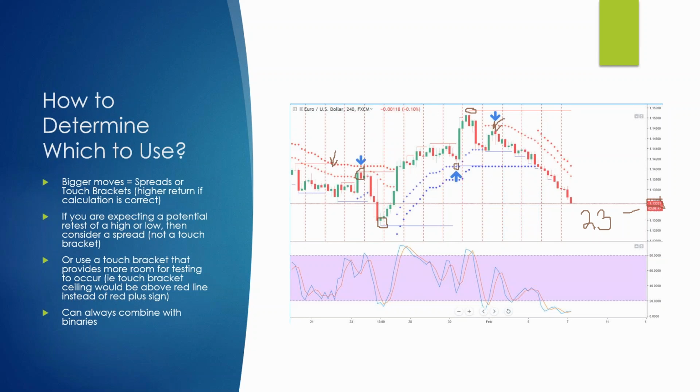But to start out with, just analyze your chart and say, okay, this is going to be a bigger move and it might last a couple of days. A touch bracket is going to be your better option. Whereas, this is going to be a real quick move, so I'm going to use a spread or a binary.